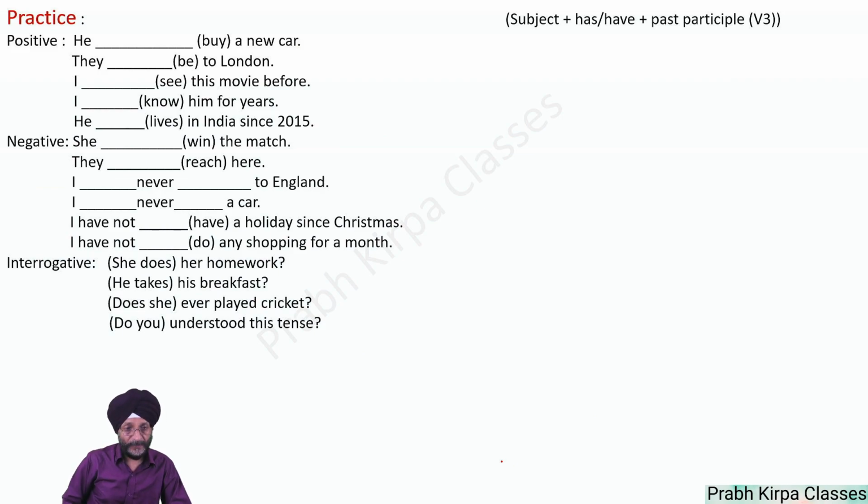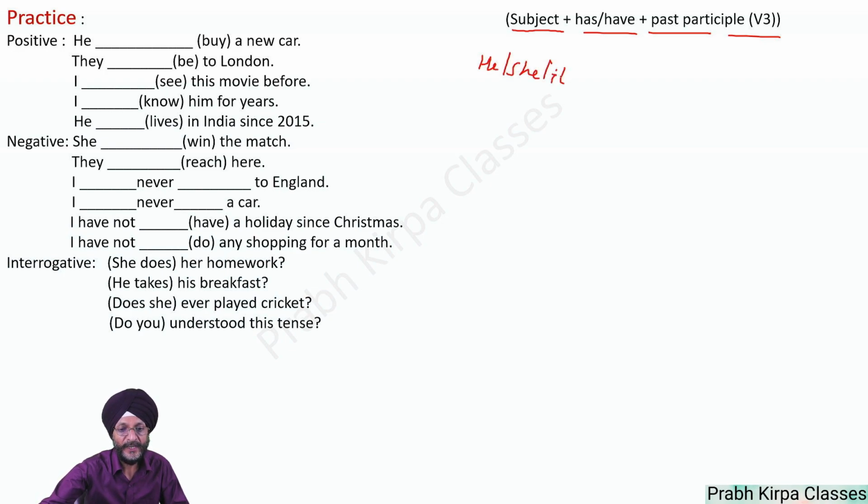So now we do the practice of these sentences. Positive sentence. As a hint, we have already mentioned how this sentence is formed. As already told, in the case of he, she, or it, we use has.